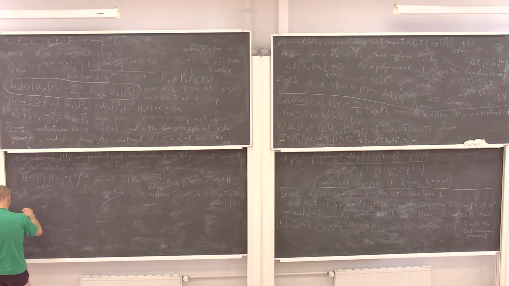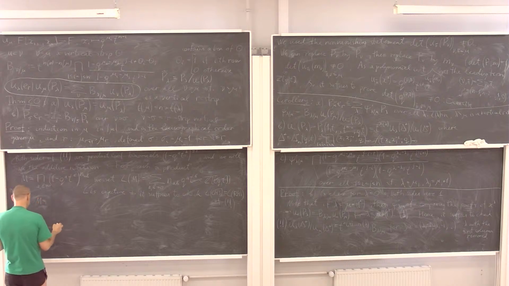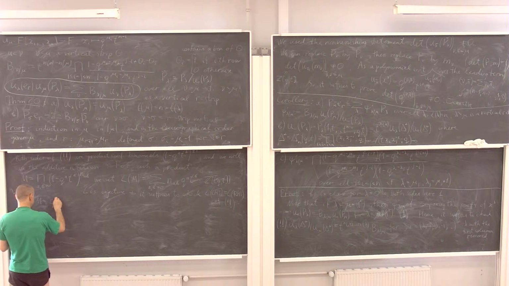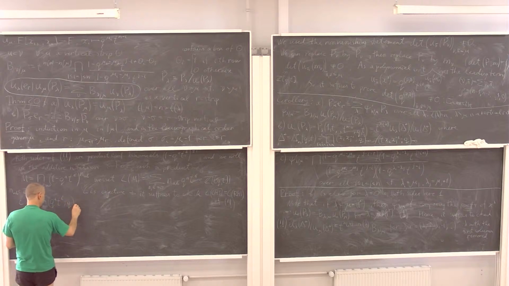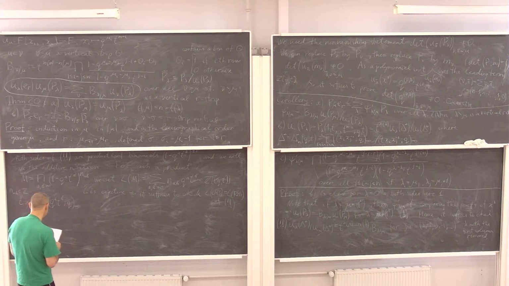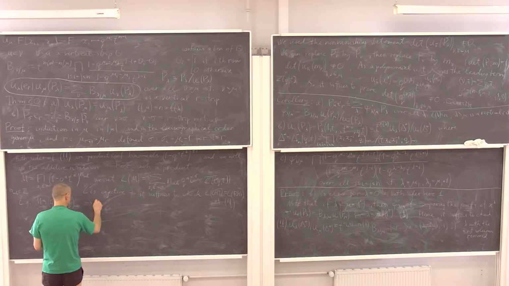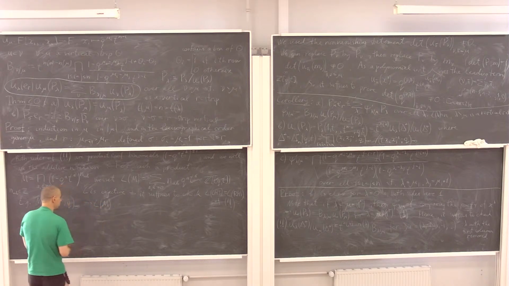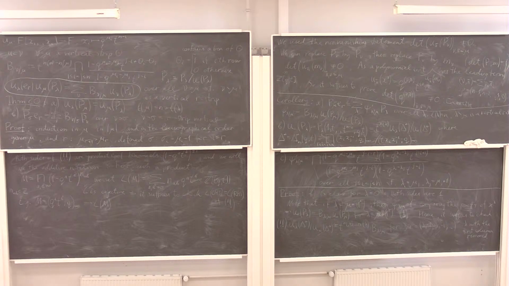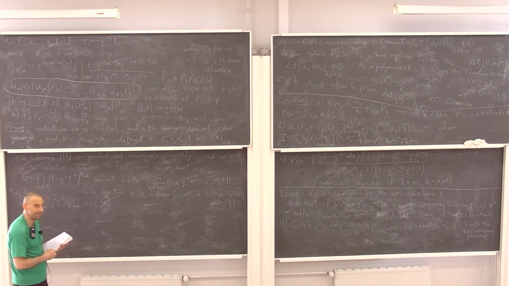So let's consider the simplest product. So it's the Pochhammer symbol, q to the A, t to the B, Pochhammer symbol. Let's compute what is this additivization. So what do we get?